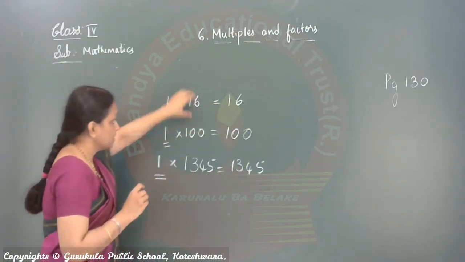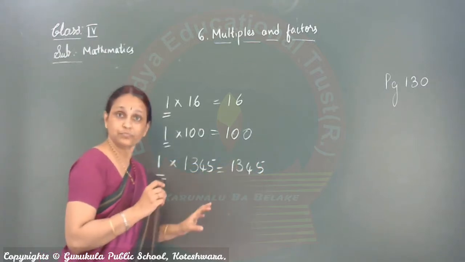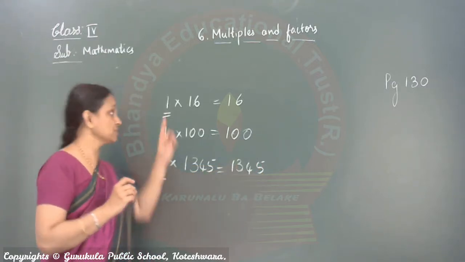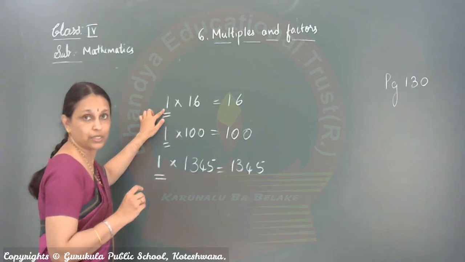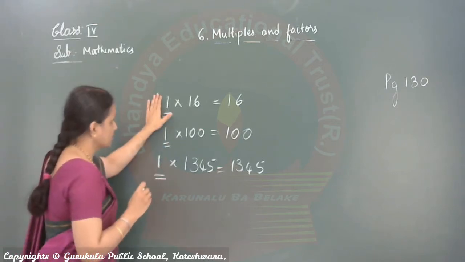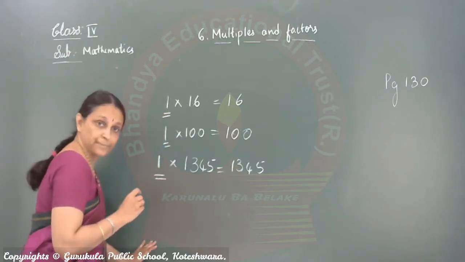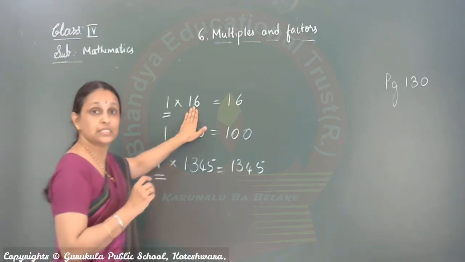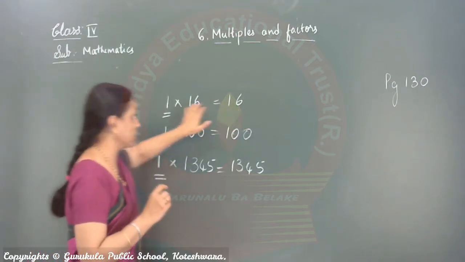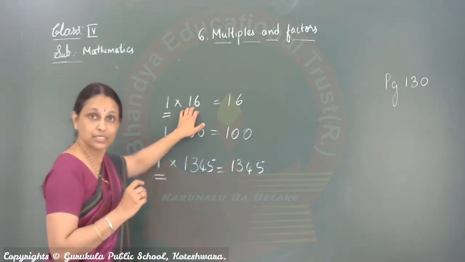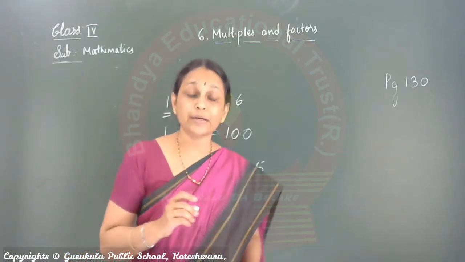So every number is a factor of itself. But one condition is there, you are multiplying by 1 only. So 1 can be a factor for every number and a number is a factor for itself. Got it? Okay. Next one.